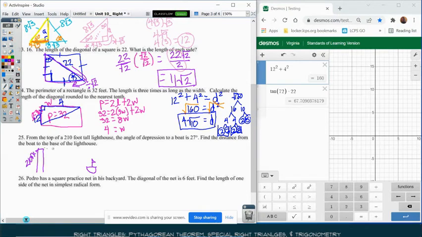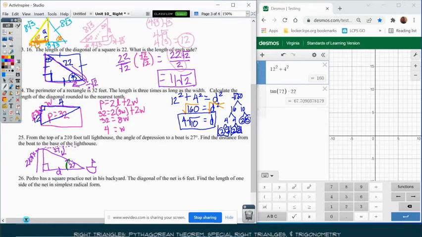Remember, you have to look straight out at the horizontal and then drop your line of sight to get the angle of depression as that 27 degrees. Now, the angle of depression does match the angle of elevation from the person in the boat looking up to see the top of the lighthouse. Find the distance from the boat to the base of the lighthouse. That is my missing measurement.